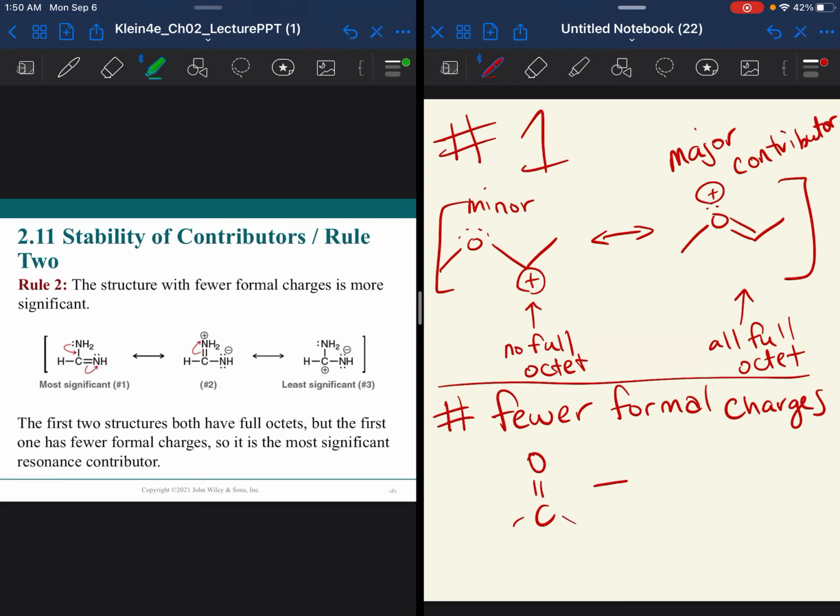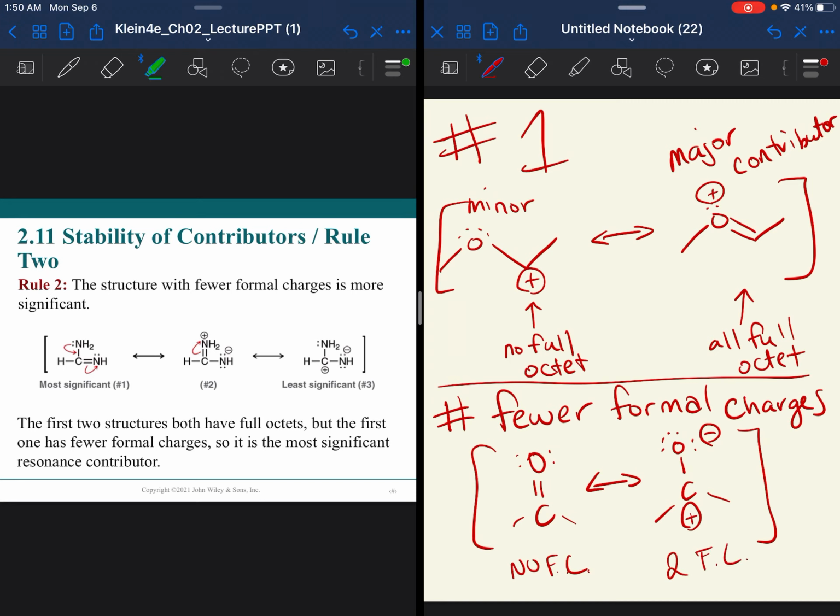In our previous example, when we looked at the carbonyl resonance structures, they're both overall neutral, right? Because to be resonance structures, they have to have the same overall charge. But this has no formal charges, and this one has 2 formal charges, right? You can also think about it as formal charges closer to 0.